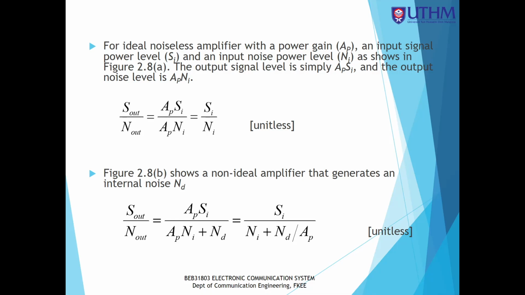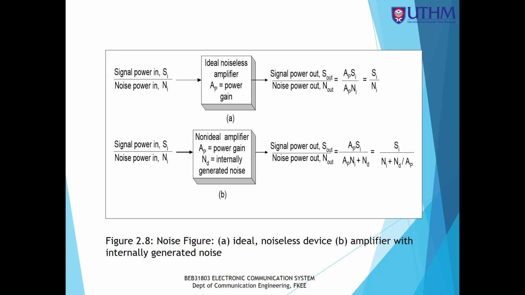Here I want to show two scenarios, with the internal noise and without the internal noise, based on this picture. The first one is the ideal case. We have an input signal power, we have the input noise power, and here we have an amplifier with a gain AP.